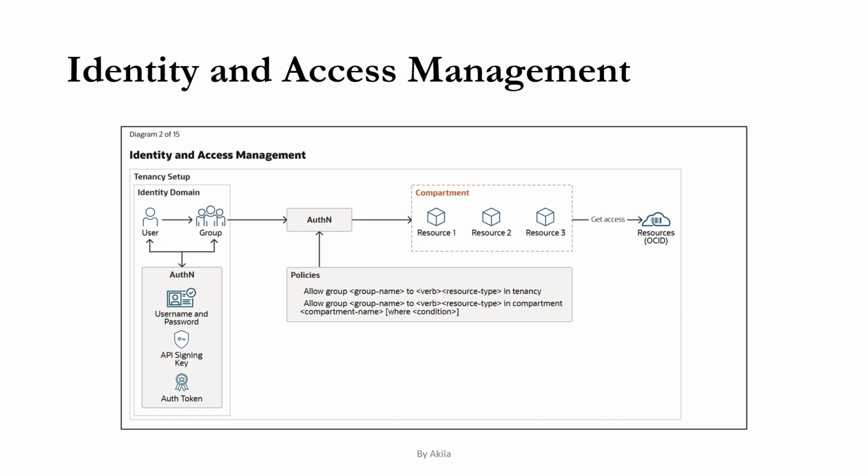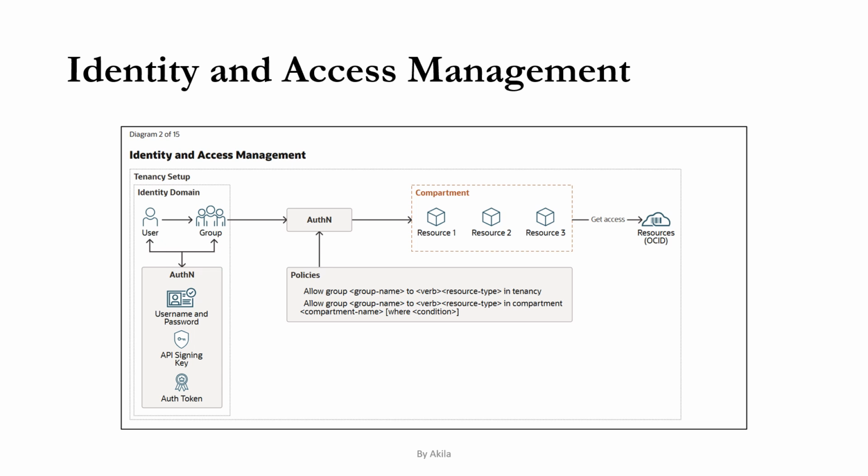That authentication consists of a particular policy. That policy we will call a principal. The policy says whether I need to allow a particular group, with the group name, to verb. I will explain the meaning of verb in a later session, and then what kind of resource type in a particular tenancy. So we are identifying the tenancy setup.